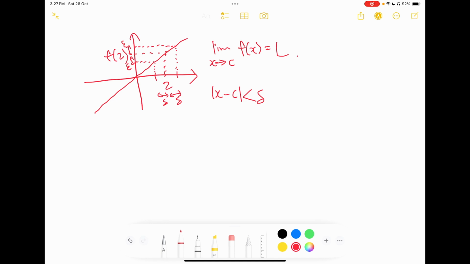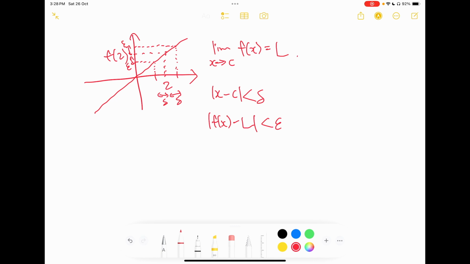And then, likewise, we are also limiting the output to within an error epsilon of the limit. So the idea is that for a given epsilon, as we squeeze the output, a limit will only exist if we are also squeezing the input for that given range of epsilon.